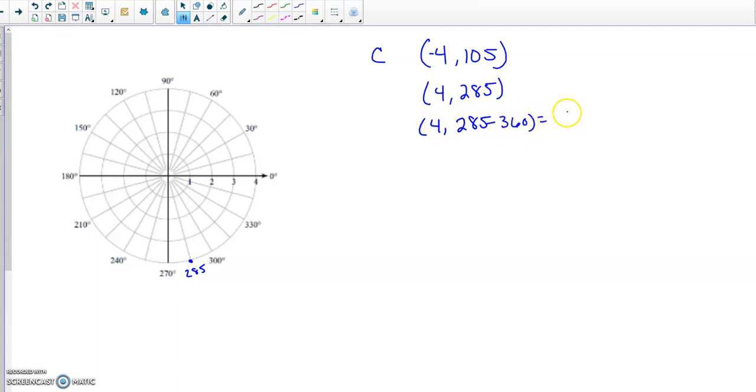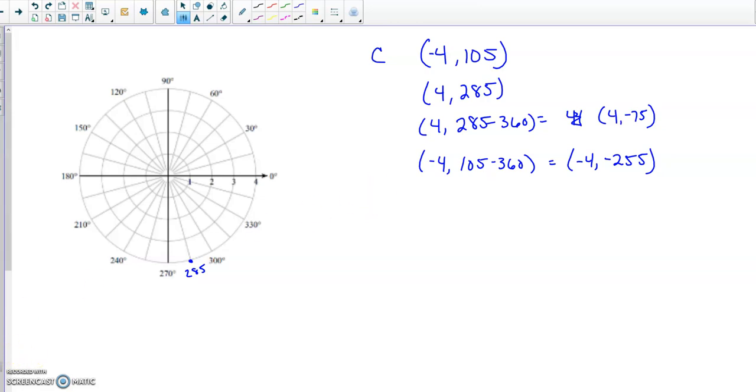And that gets me 4 and negative 75. And we could do this one. How about negative 4 and 105 minus 360? Because that would be negative 4 and, I've got to look at my sheet, negative 255. Okay, and that's how we would get that as well.